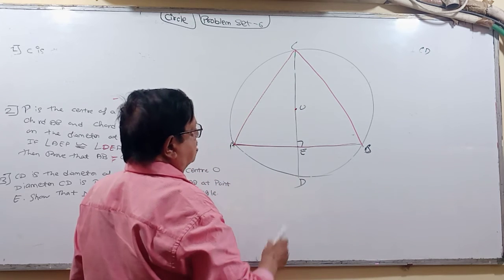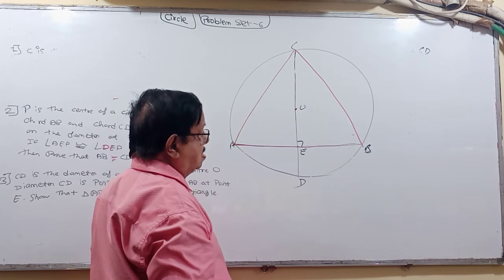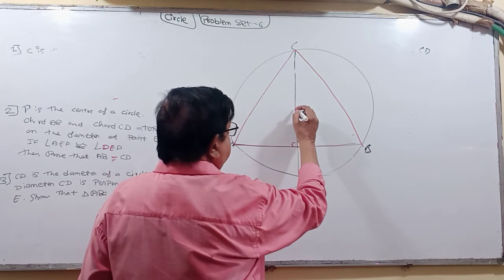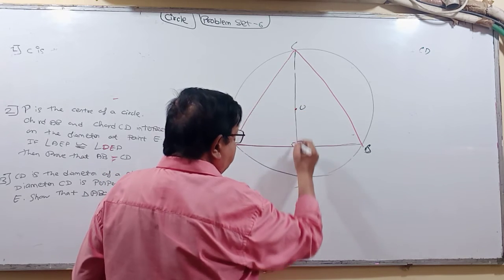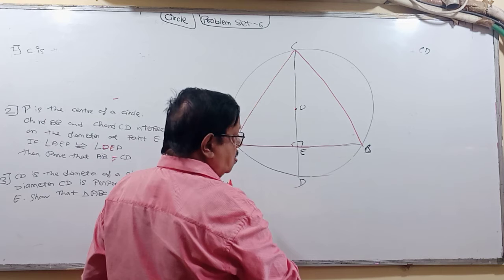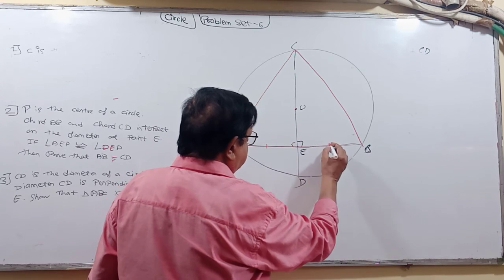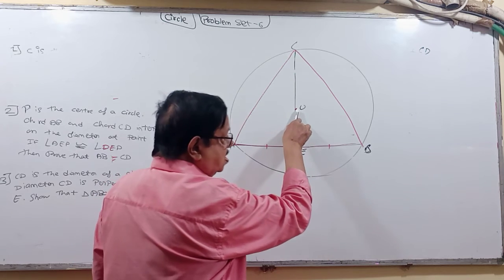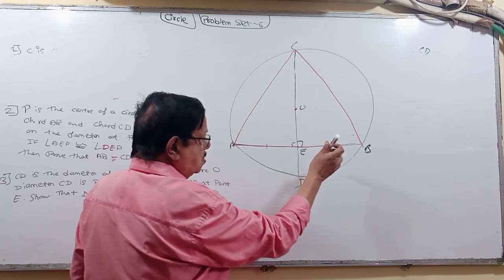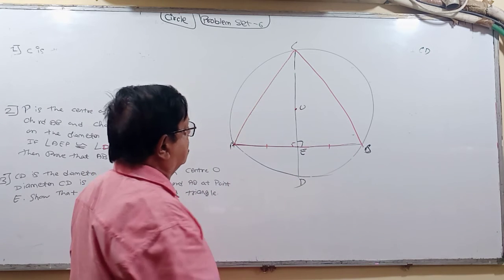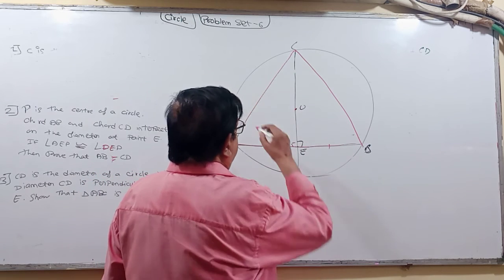First of all, this is a line drawn from the center perpendicular to the chord. This is perpendicular, they are given. Therefore, this will be equal to this. A line drawn from the center perpendicular to a chord bisects the chord. This is equal to this, by the theorem.